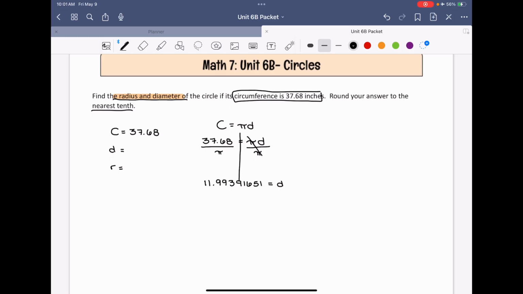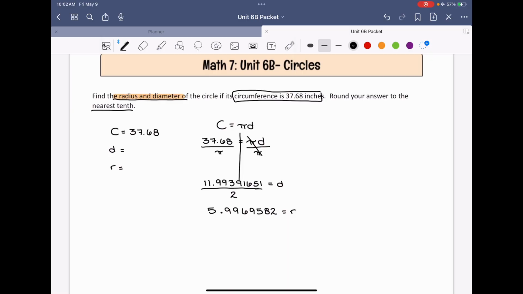Okay, before I round anything, I don't want to round, remember, until the end. So I'm going to first divide this by 2 to get the radius. So the radius is 5.9969582. Okay, now I'm going to go ahead and round to actually get the diameter and the radius.